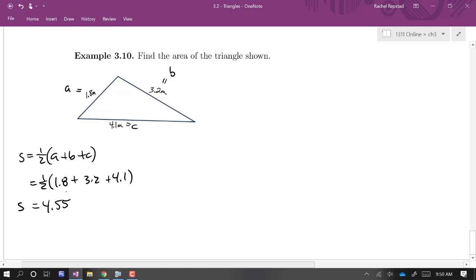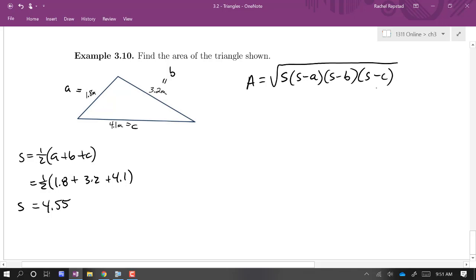And then, so these factors, right, that we need inside the radical for Heron's formula. One is S, which I found, and then I need S minus A, S minus B, S minus C. So I'm just going to find each of those.